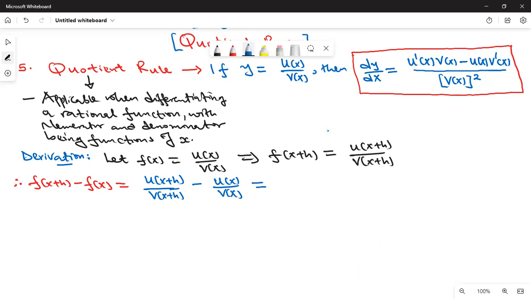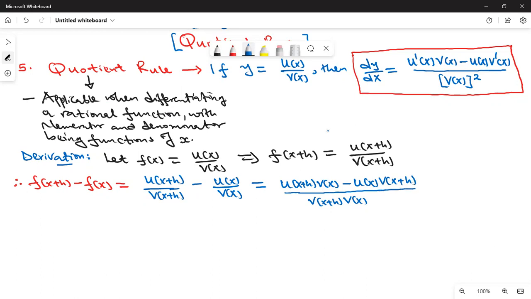And so here, we need to get the LCM. Our LCM here is v of x plus h times v of x. And then when we work it out, we are going to get u of x plus h times v of x, then minus u of x times v of x plus h.